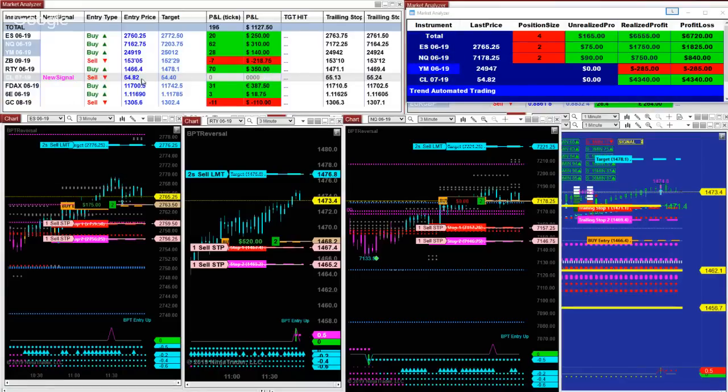There is a short on the CL 54.82, 54.40 is the target. There has been a lot of volatility on the CL, but this is the new target. I don't know if there's anyone interested in it. Thank you.